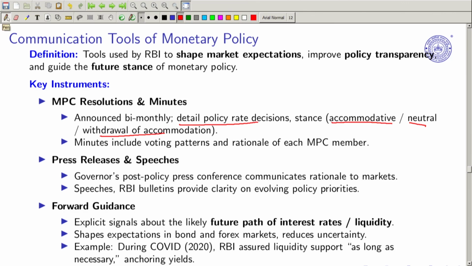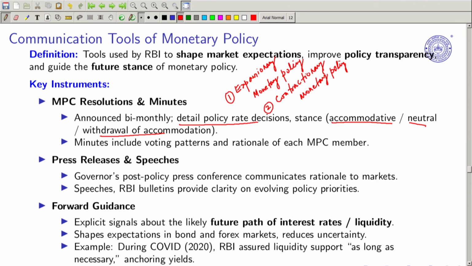So here we are going to talk about two types of monetary policy. One is called expansionary monetary policy. Second is called contractionary monetary policy.